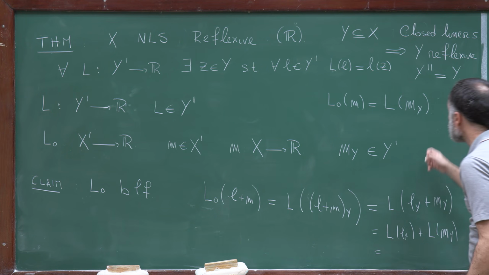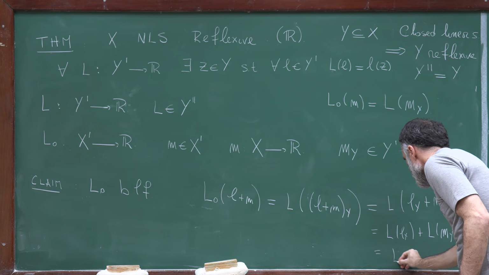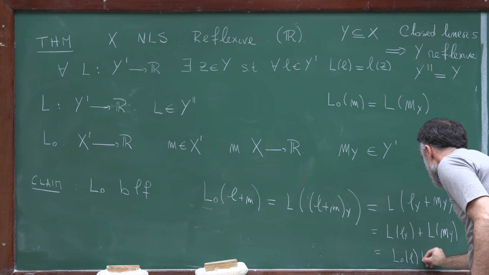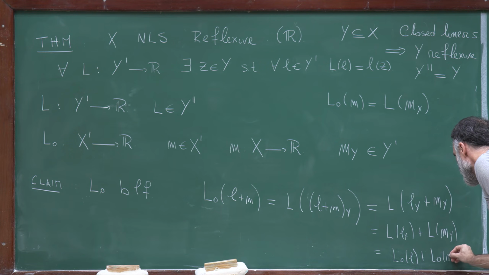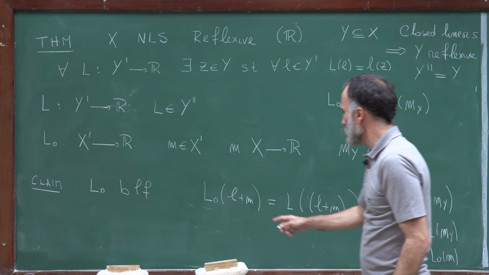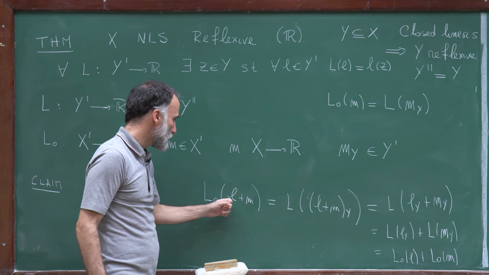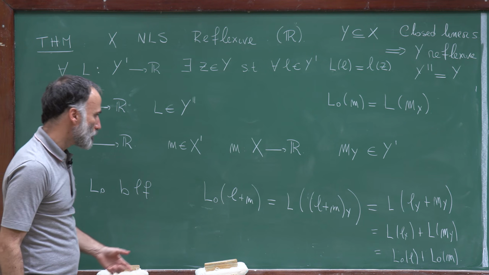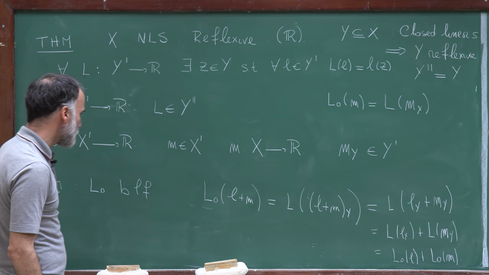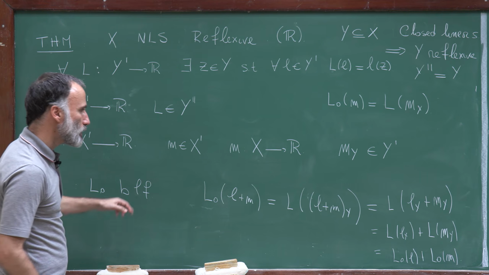And by definition, this is L0 of l plus L0 of m. And by the same line of argument, you can also show that L0 is linear with respect to multiplication by scalars. So it's clear that it's linear.